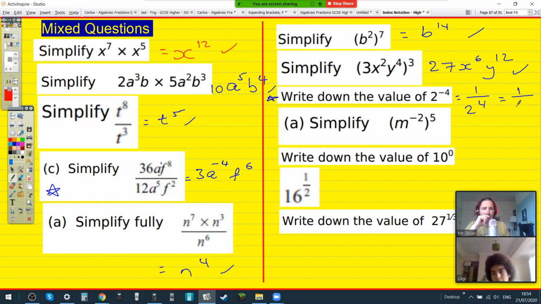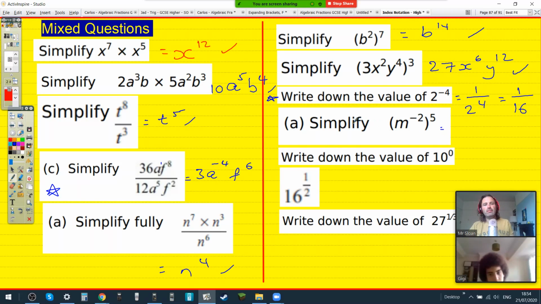What is 2 to the power 4? That is 16. That's it. Alright. So 2 to the power minus 4 is 1 over 16.